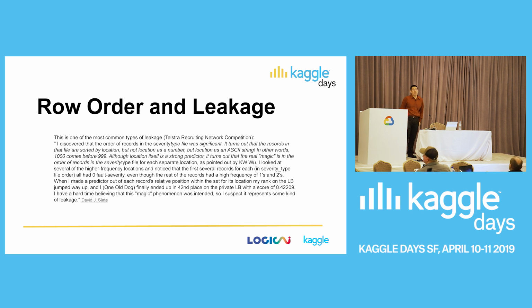One of the most common forms of leakage is row order. This kind of thing shows up again and again in different forms. They're not always the same form. The one that I competed in was the Telstra network competition.